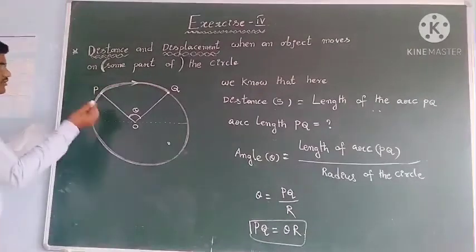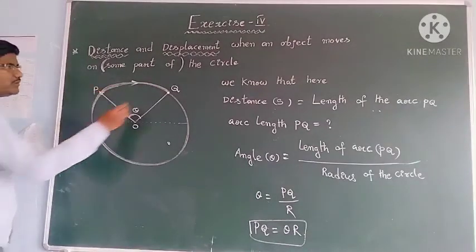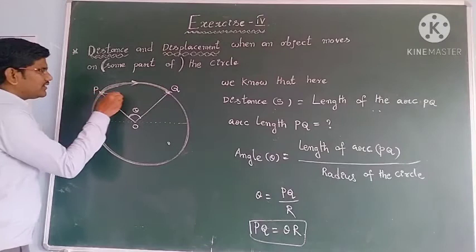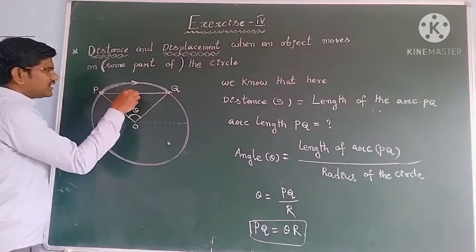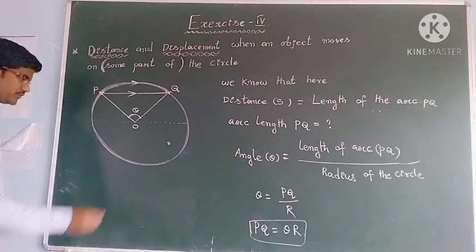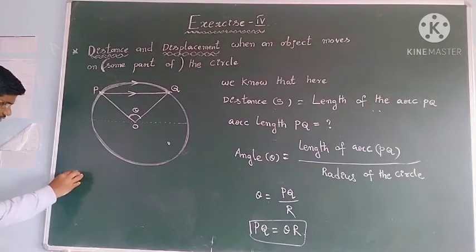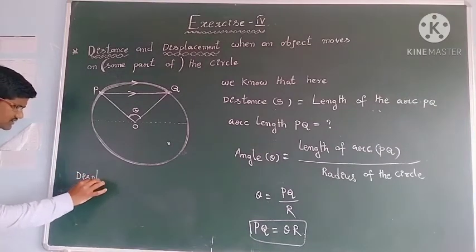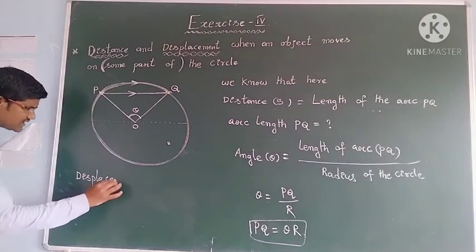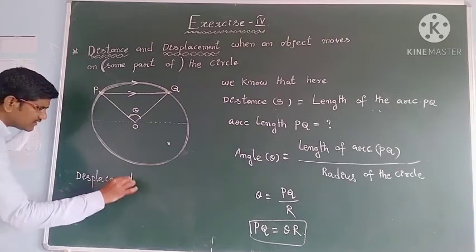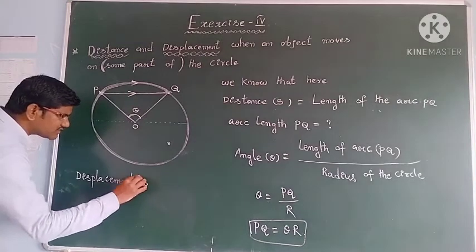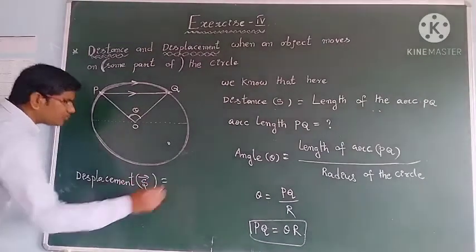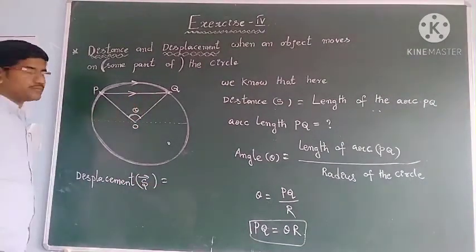And if you want the displacement, this is the initial point and this is the final point, then displacement is a straight line joining from P to Q. So displacement S bar is equal to straight line PQ.